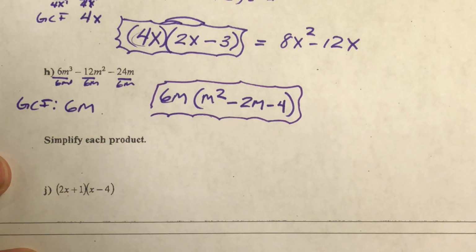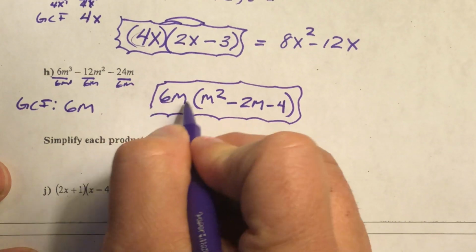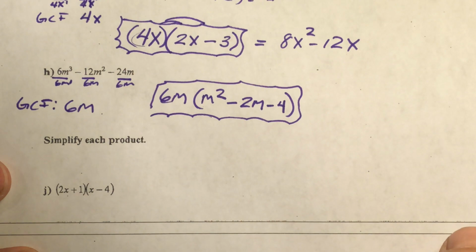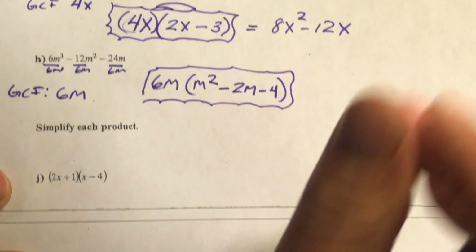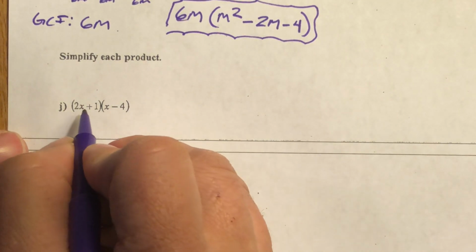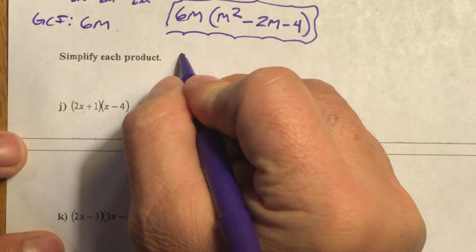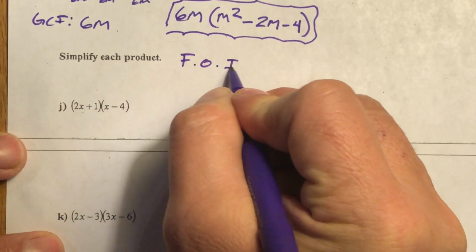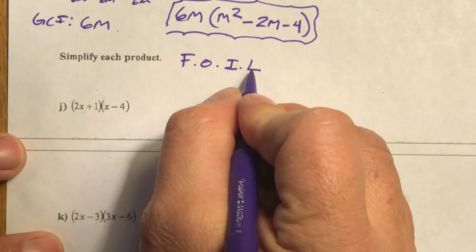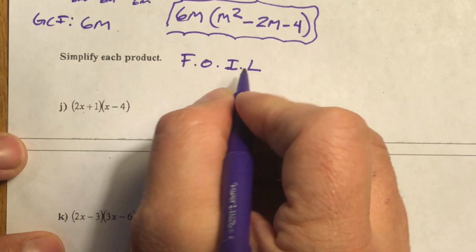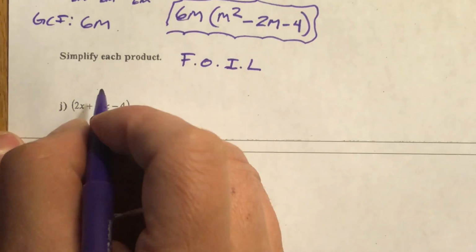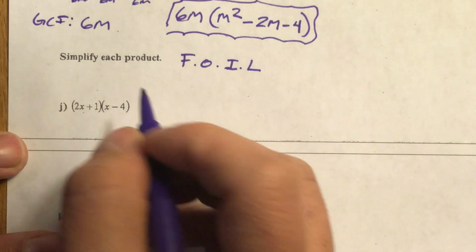Okay, so here's one factor, 6m. Here's another factor, m squared minus 2m minus 4. Now, if we're looking at simplifying each product, some of you may have heard the term FOIL, which stands for first, outside, inside, last, and that's just the order in which we multiply these. But I don't necessarily like this. All you have to do is do what we call the extended distributive.